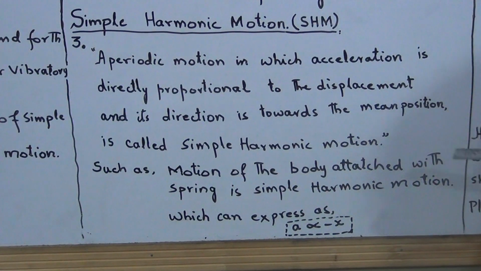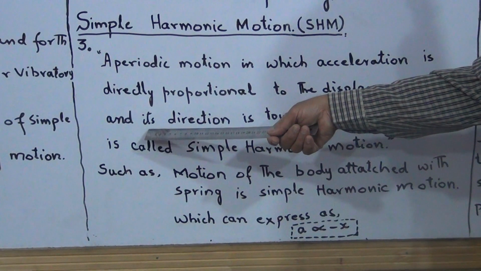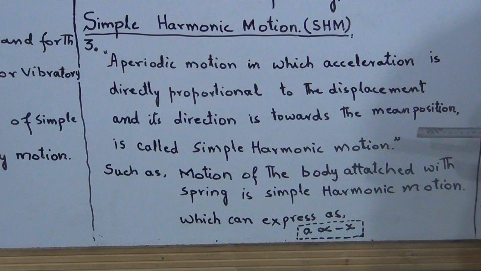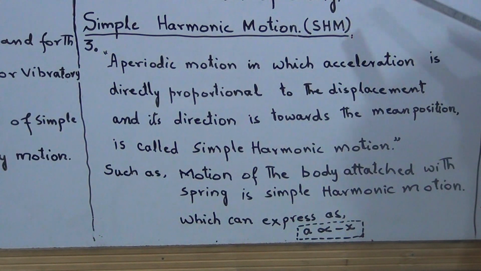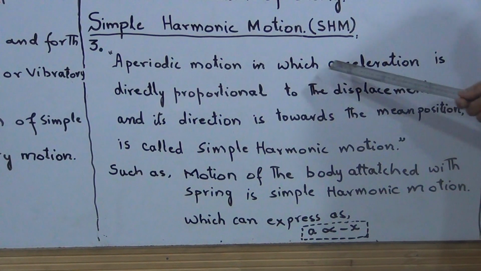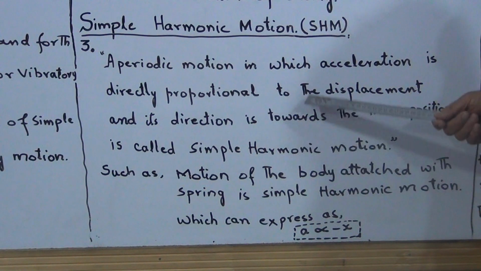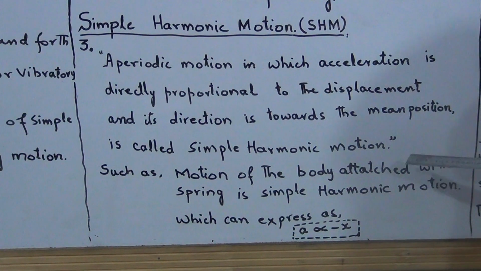And the second condition is the direction: the direction of acceleration is towards the mean position. If the periodic motion fulfills these two conditions, then the periodic motion is called simple harmonic motion.